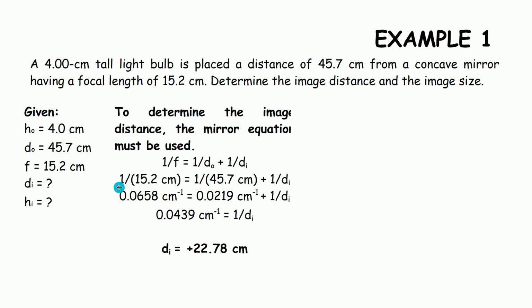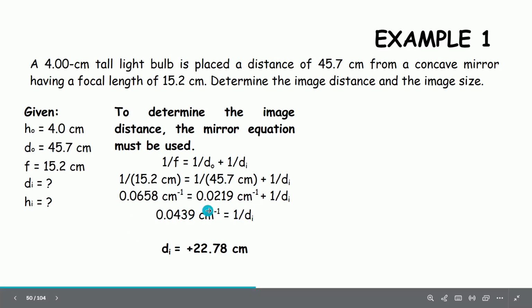That is to determine the image distance using the mirror equation. Why the mirror equation? Because our d_i is in it, and we are given the focal length and the object distance. So simply substitute and you will arrive at the answer of 22.78 centimeter.